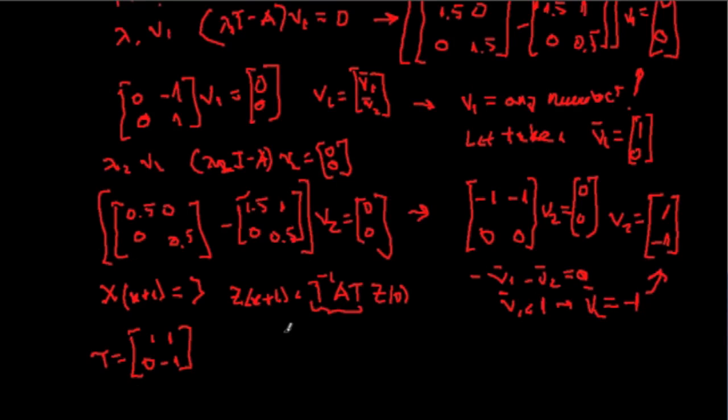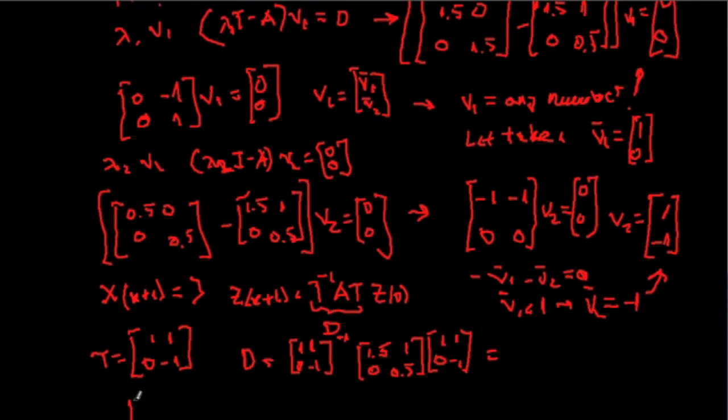Therefore, D becomes the inverse of (1, 1, 0, minus 1) multiplied by (1.5, 1, 0, 0.5) and multiplied by (1, 1, 0, minus 1).